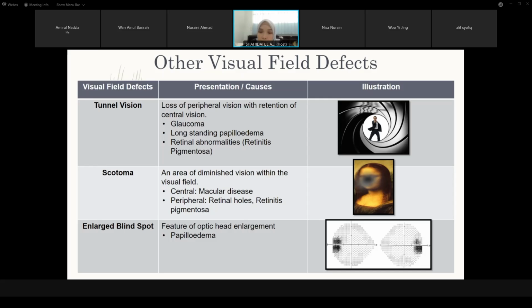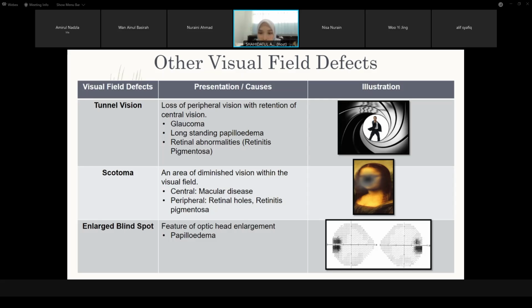Setiap satu dot tu adalah 10 degree. So anything within 10 degree tu adalah central scotoma. But peripheral scotoma ni, maybe dia happen dekat nasal sahaja, nasal periphery. Maybe dia jadi dekat temporal ataupun maybe dia boleh jadi dekat superior tapi tepi sahaja. Tak involve the inferior. Okay.